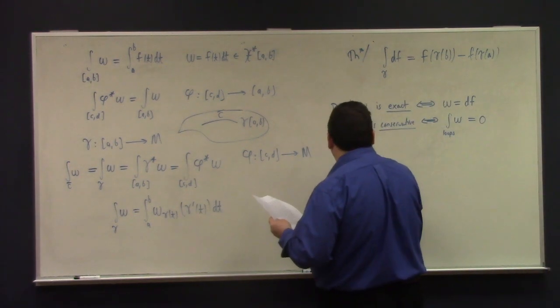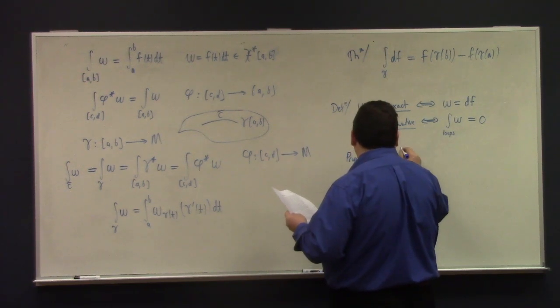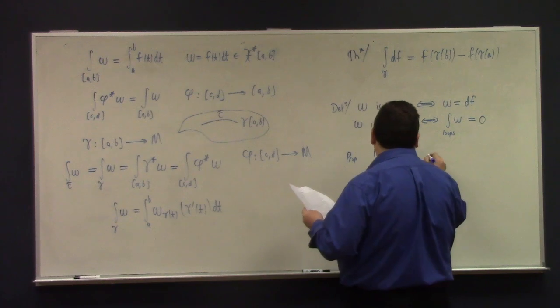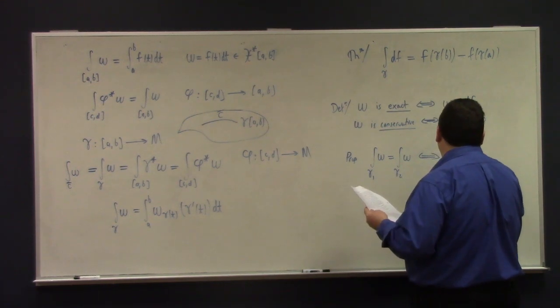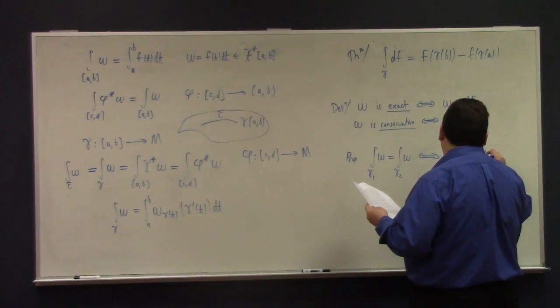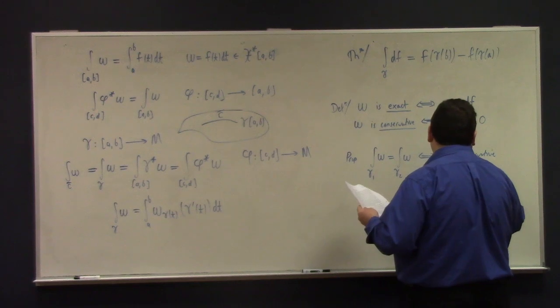which says that the integral along gamma 1 of omega is equal to the integral along gamma 2 of omega if and only if omega is conservative if and only if omega is exact.